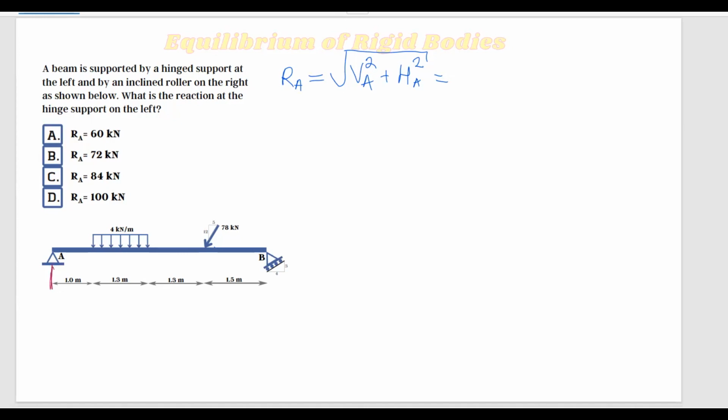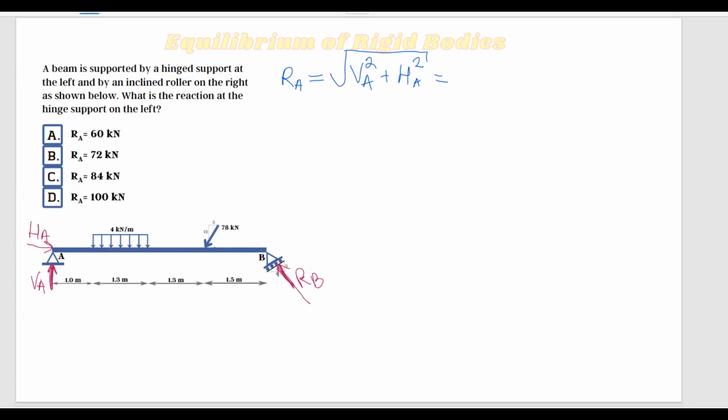I'm going to write, this is VA, and then this is going to be equal to HA. And then here, I'm going to have the RB, reaction at B, which is, let's see, this is 4 and this is 3.